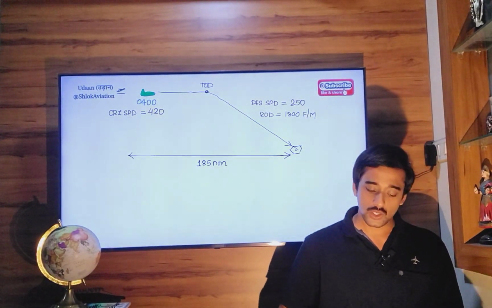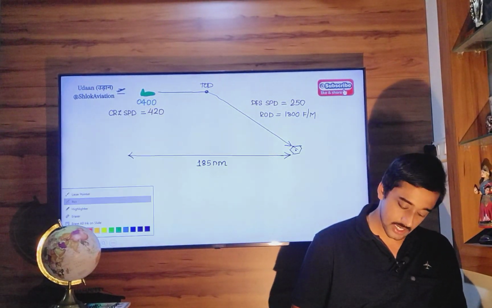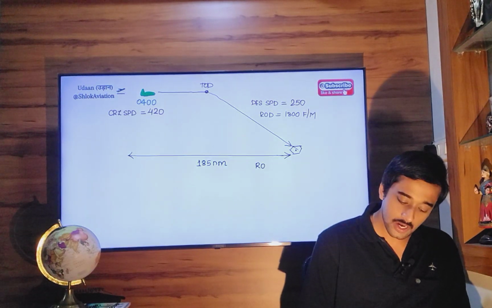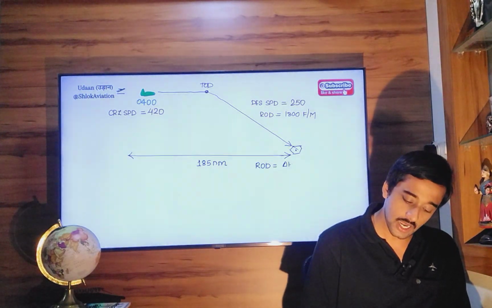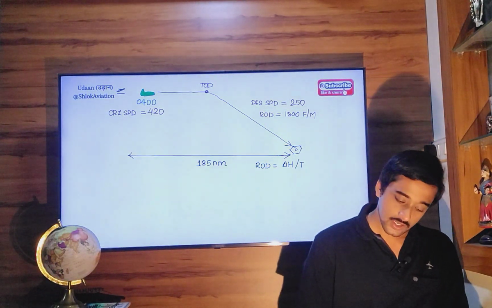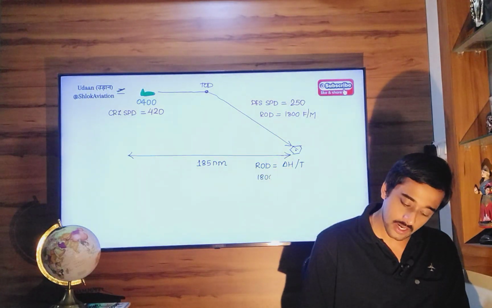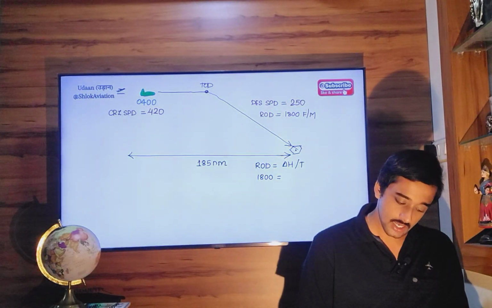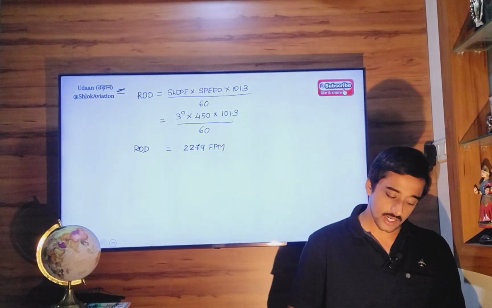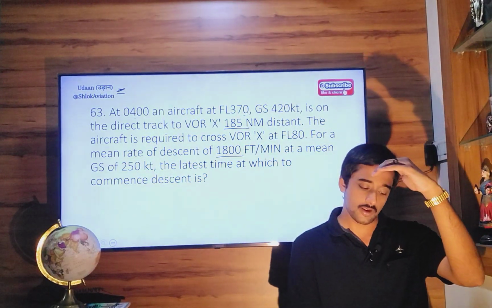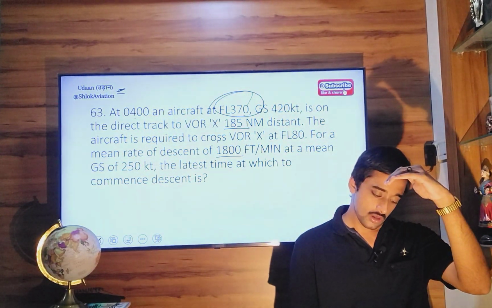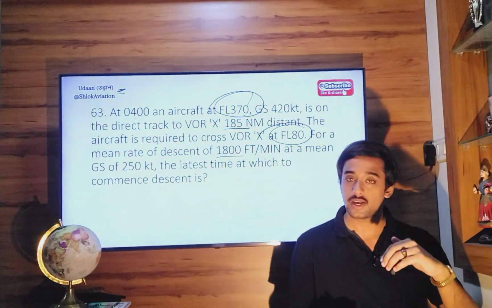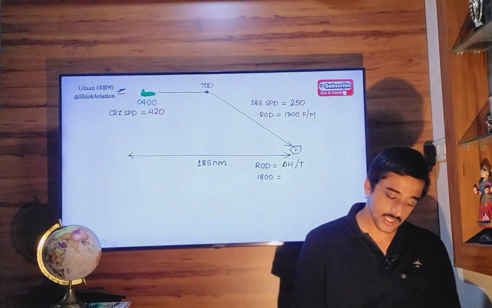Now rate of descent is 1,800 feet per minute, right? So rate of descent is nothing but change in height divided by time. So 1,800 feet per minute equals change in height. So we are descending from 37,000 feet to a height of 8,000 feet.